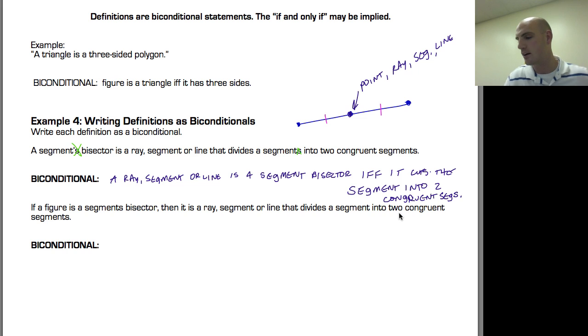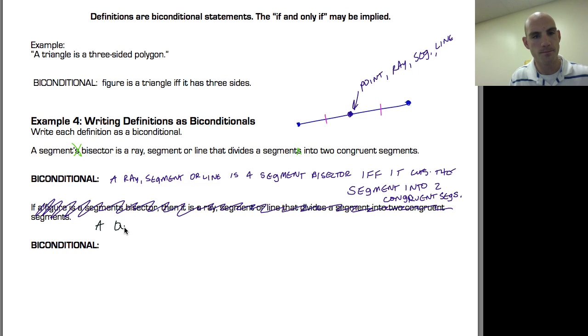Okay? Down here, I've made a bit of a mistake. I've given you the same one. And so I'm going to cross this out. And I'm going to give you one to do. And it's going to look something like this. This is going to be the definition.